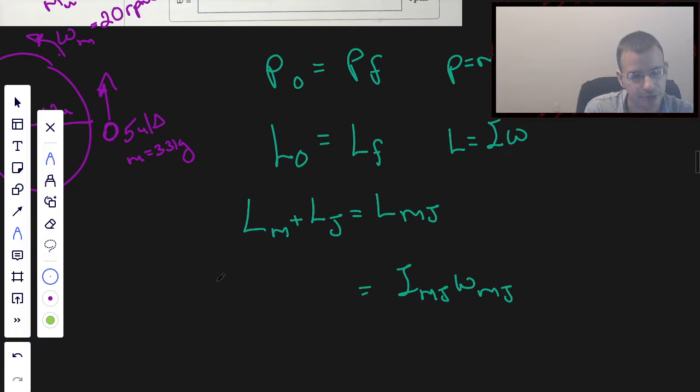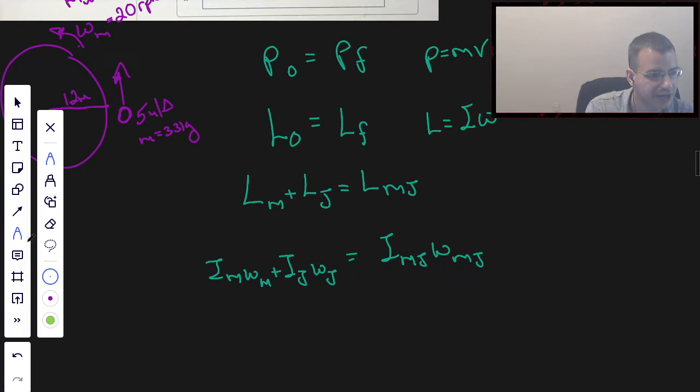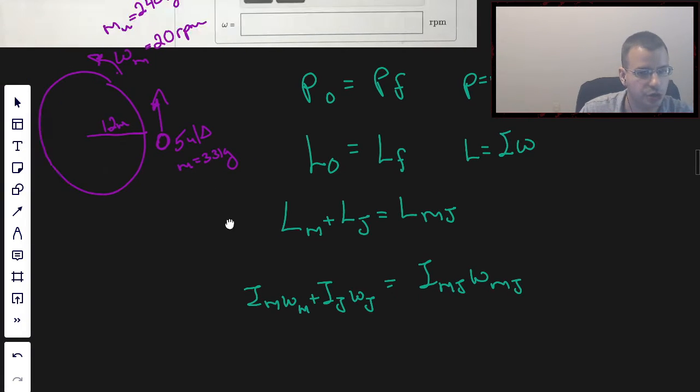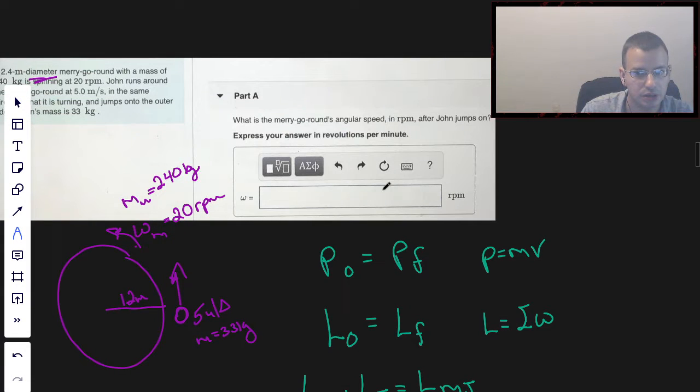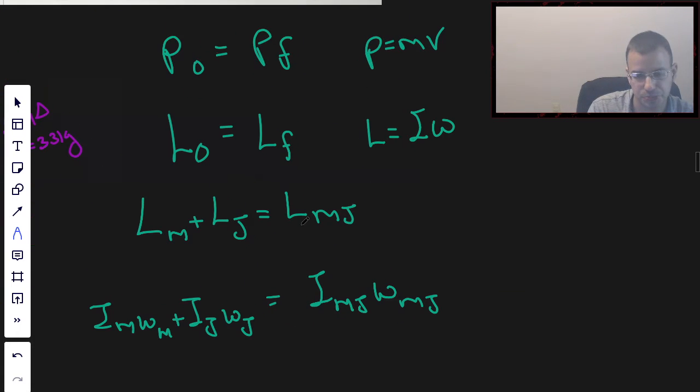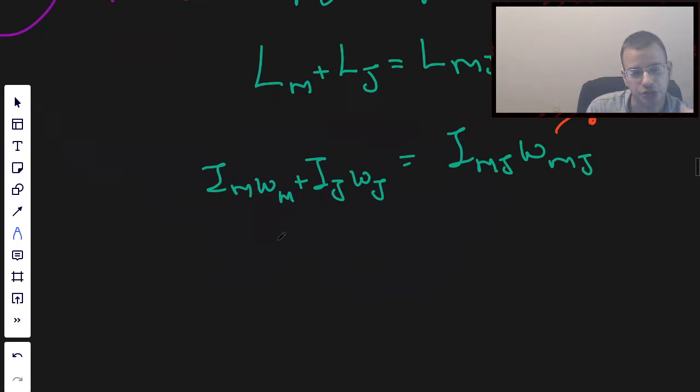So we have moment of inertia of Mary times angular speed of Mary, plus moment of inertia of John times angular speed of John. Now we need to find what we need to find. We want to know the final speed, so this is going to be a question mark. We're going to start by finding things.